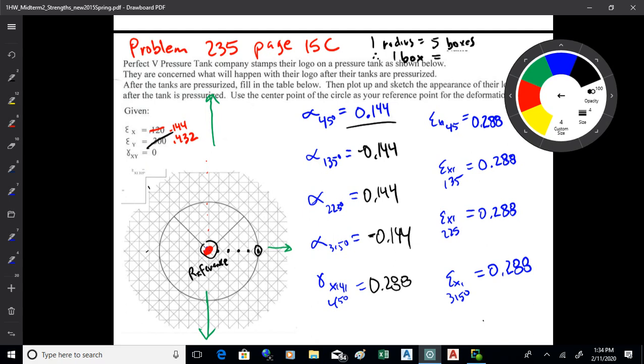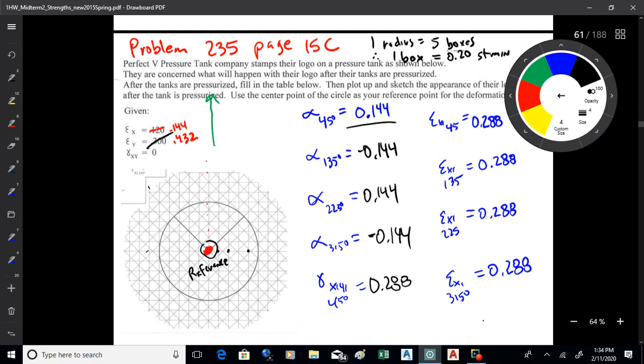We good? Okay. So that's 0.2 strain. Good. All right. Now, given that, why doesn't everybody plot up where this point that I've circled, the point over here that I've circled, where is that point going to land after those strains occur?